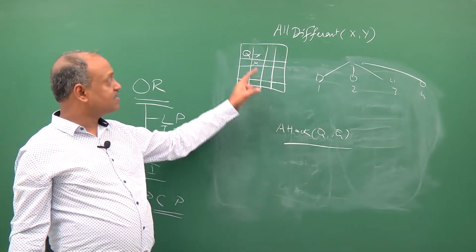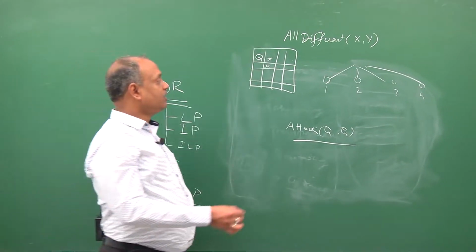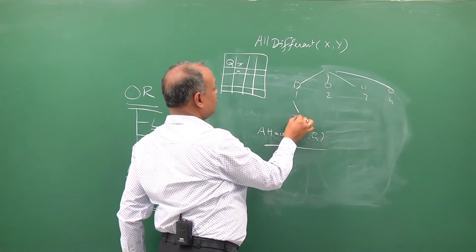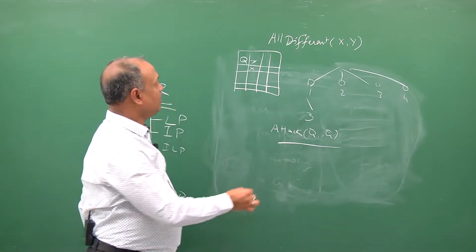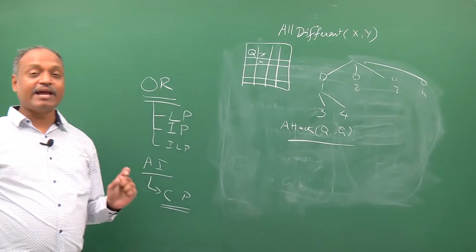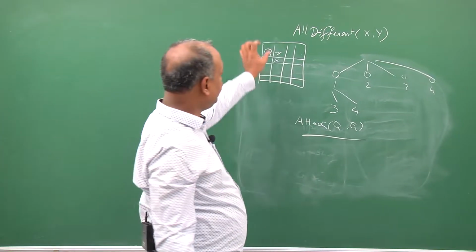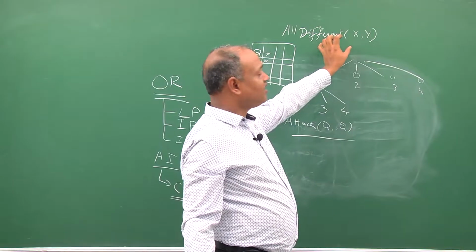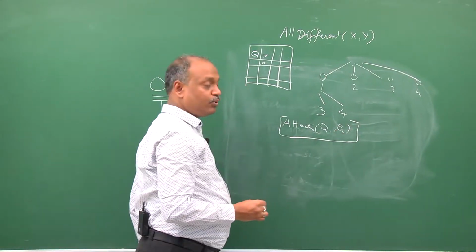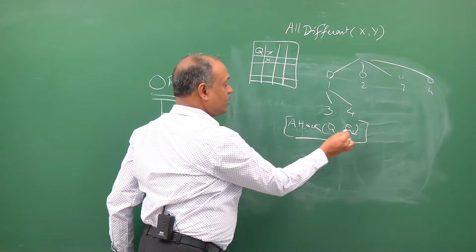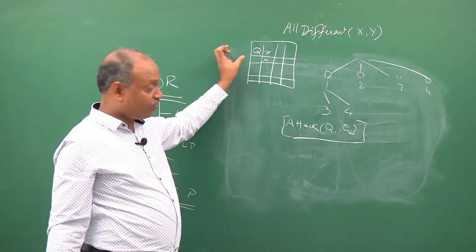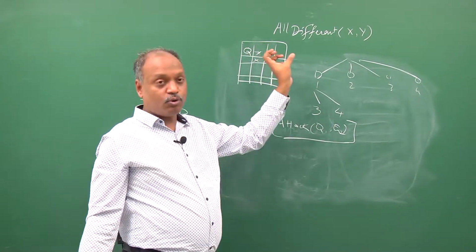Given that this is not true for 1 and 2, the only positions possible for the next queen, Q2, will be 3 or 4. So what we have seen here is local pruning happening because of a constraint like attack(Q1, Q2), where Q1 and Q2 cannot be in any of the positions where they are on the same diagonal, same row, or same column.